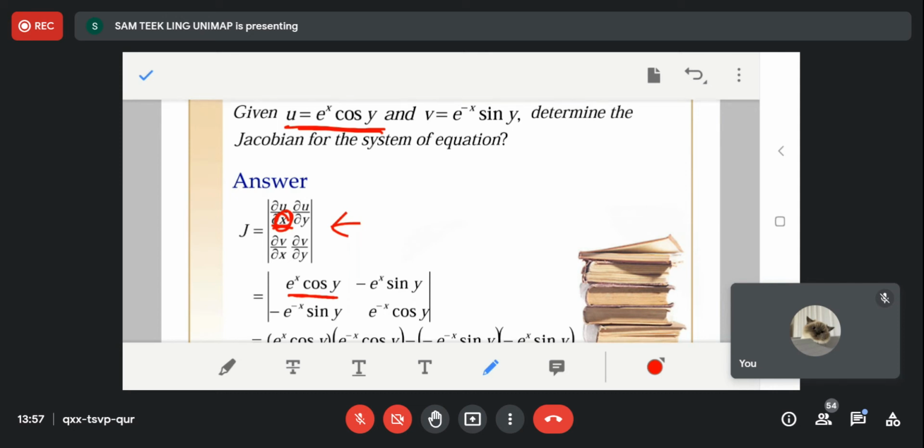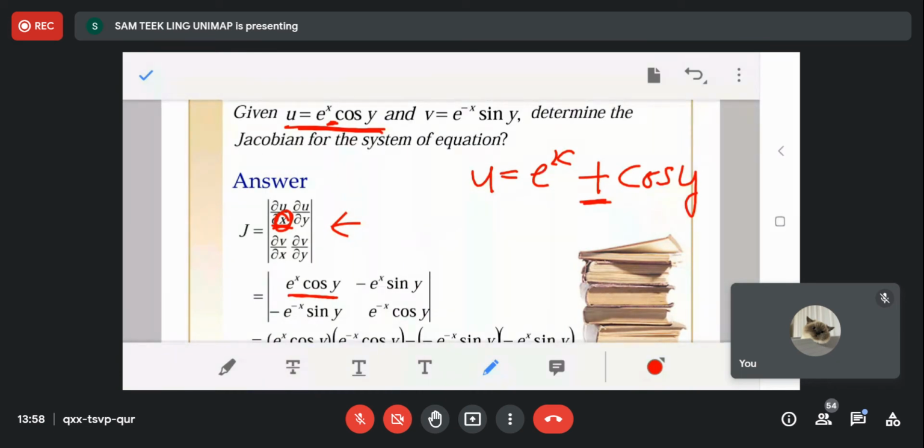So cos y is a constant. If u equals e^x plus cos y, this one is different. Here plus, here times. So plus and times are different.